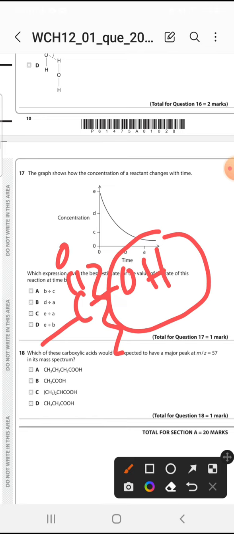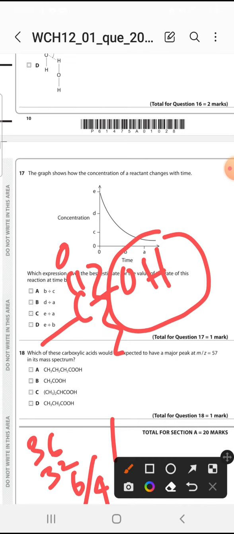I'll go with the last one first, because I just think this would be the answer. We'll see, guys. 3 carbons, 36, and 32, 2 hydrogens and the 6 hydrogens. So the Mr of this one will be 74.